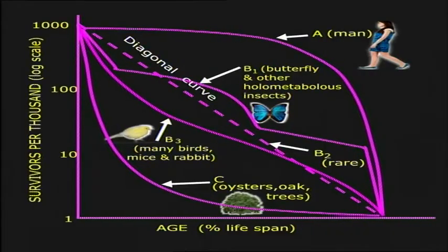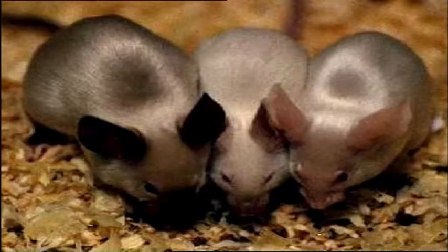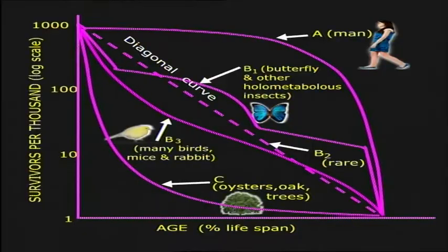Thus, a slightly concave or sigmoid curve B3 as shown in the figure is characteristic of many birds, mice and rabbits. In this, the mortality rate is high in the young but lower and more nearly constant in the adult.